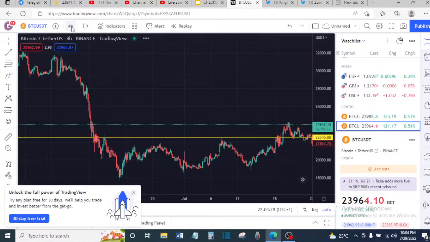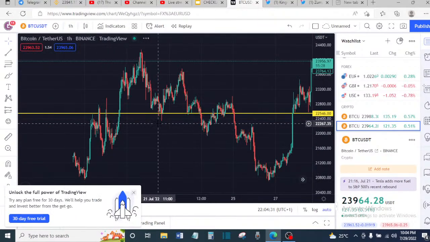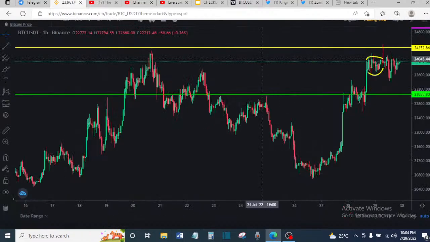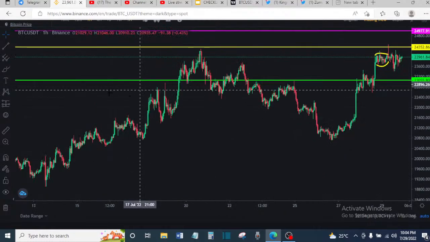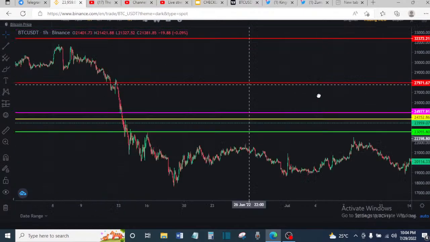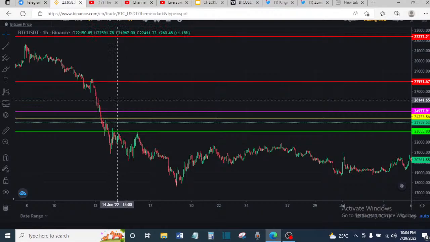Okay, let's use the 1 hour. Let's see, does it come up? Okay, it has come. Now we want to see what will happen at this magenta area. How do the stops there look?